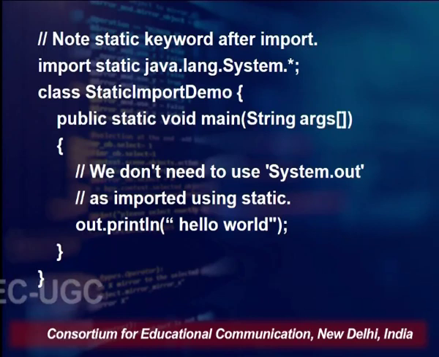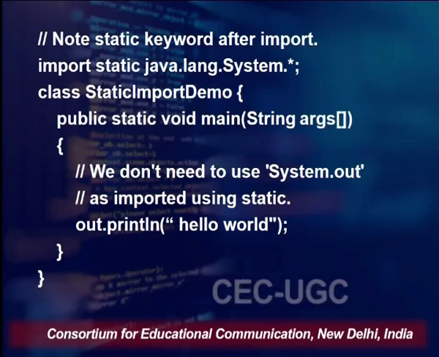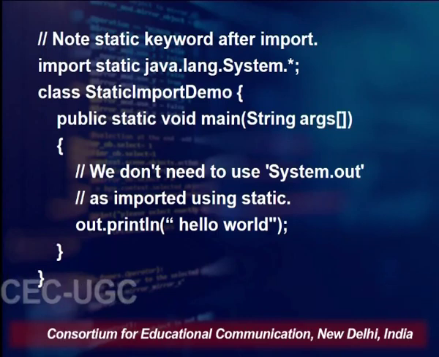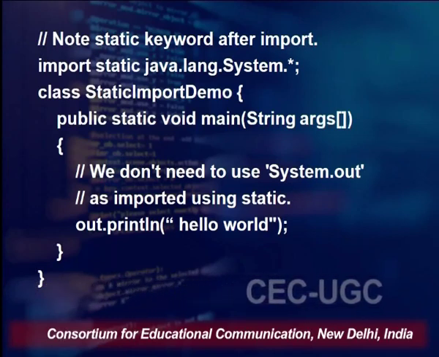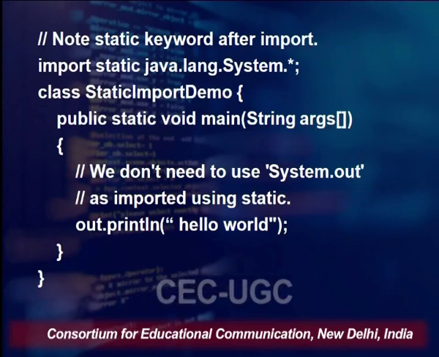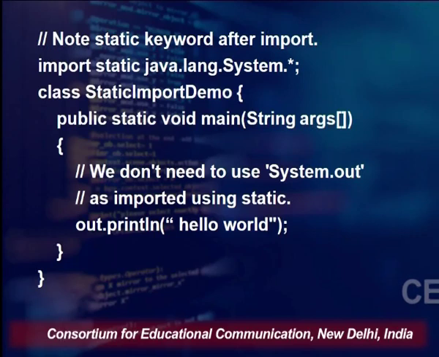So, import static java.lang.System.*, and as it has been imported statically, we need not use System.out. The only thing we will be able to use here is out.println. Earlier, at every point of time, we have seen System.out.println.